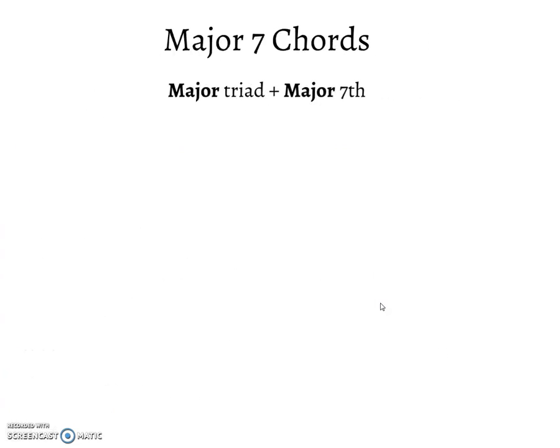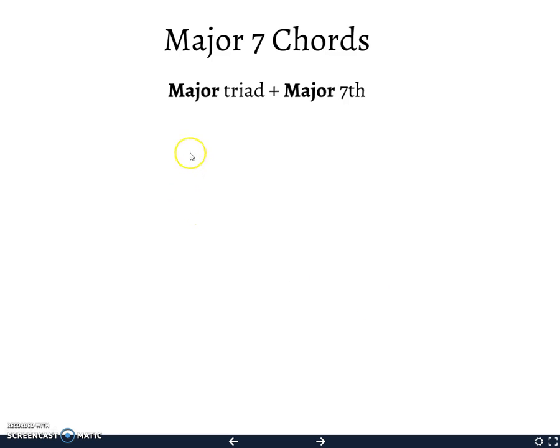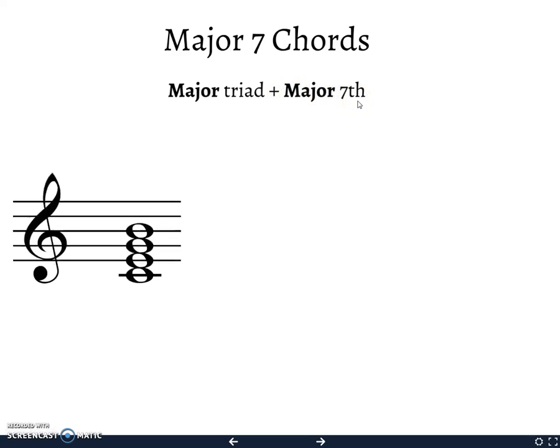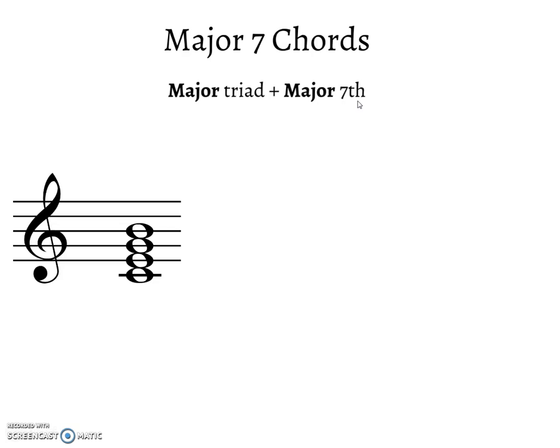Okay, the first type of chord we're going to talk about is a major 7 chord. It's built from a major triad plus a major 7th. Here it is. Sounds like this. I think it's quite happy to be here. Here's our C major scale for reference.